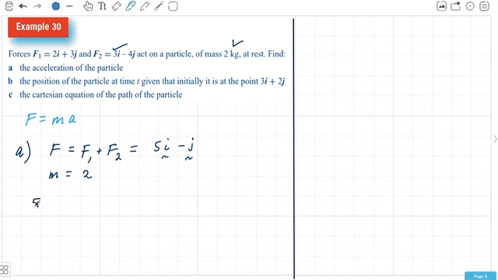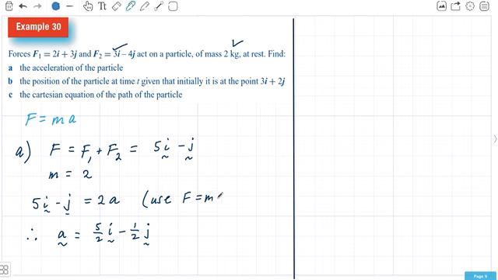So we know that 5i minus j equals the mass times the acceleration. So therefore our acceleration vector is going to be 5 over 2 i minus a half j. And that's because here we use F equals ma. This is our force F, this is m, this is a. So we've got our acceleration vector a.